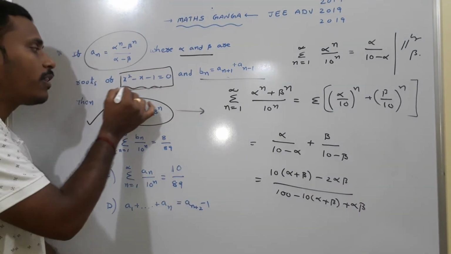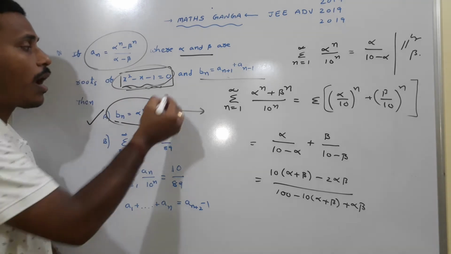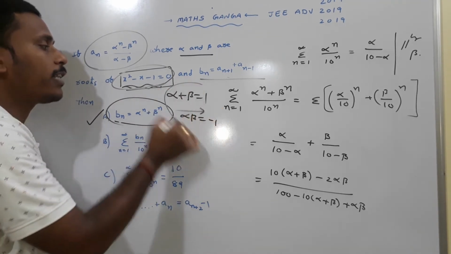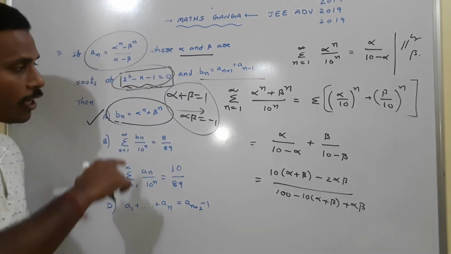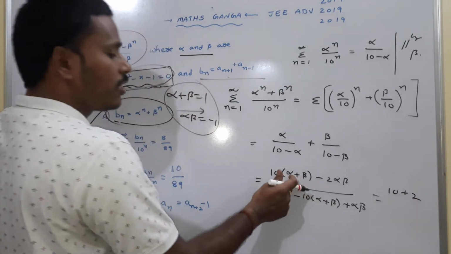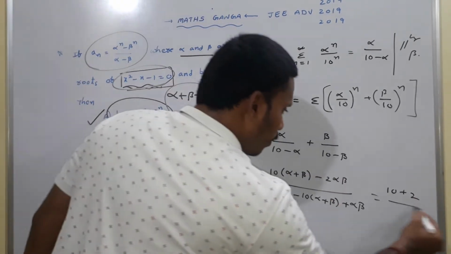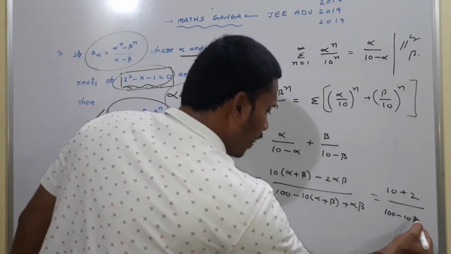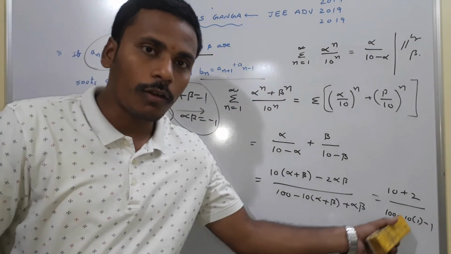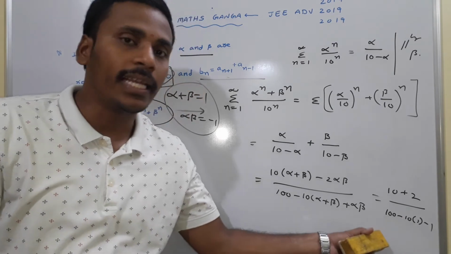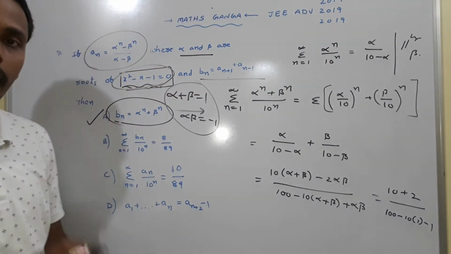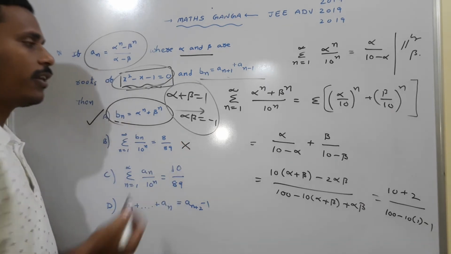Since alpha and beta are the roots of this expression, alpha plus beta is 1, whereas alpha into beta is minus 1. Using these, we have 10 plus 2 divided by 100 minus 10 into 1 minus 1. The numerator is 12, whereas the denominator is 89, so we have 12 by 89, but it is given as 8 by 89.